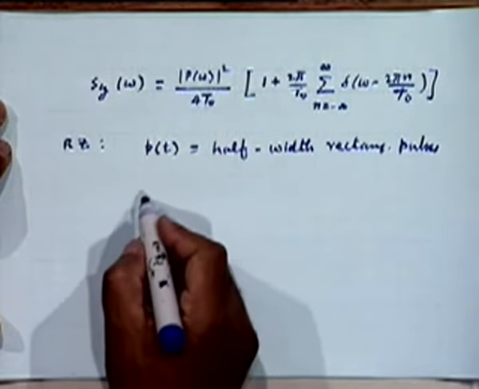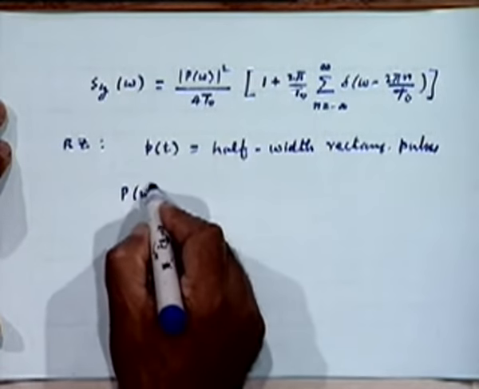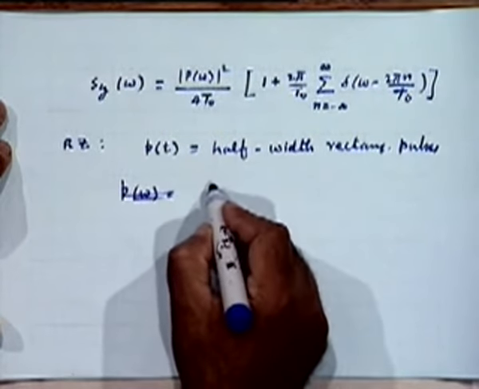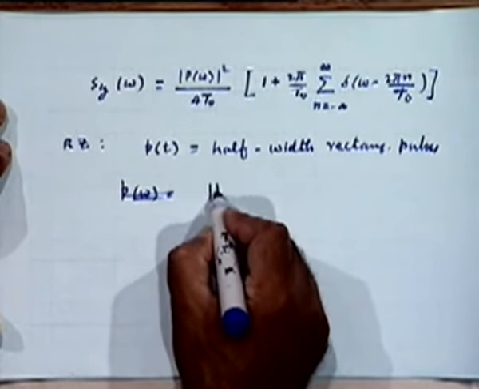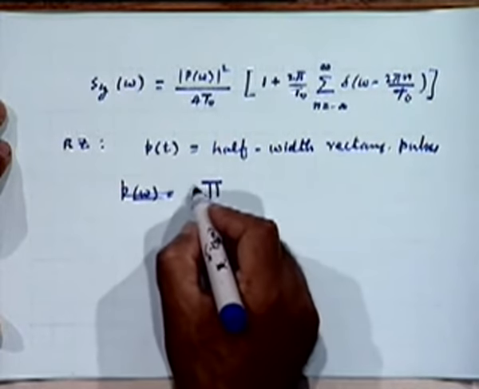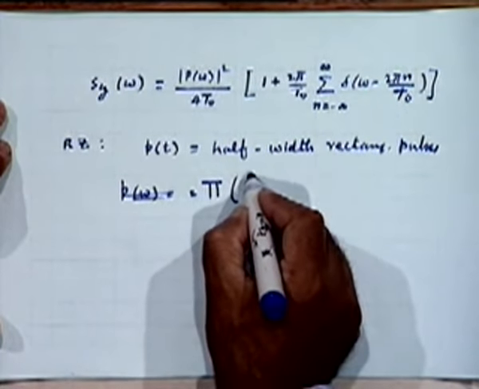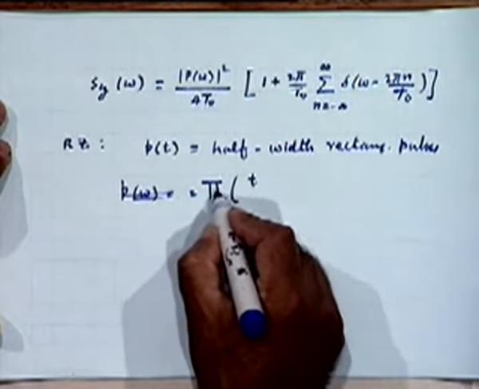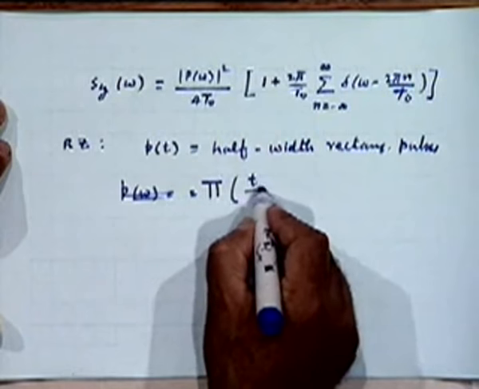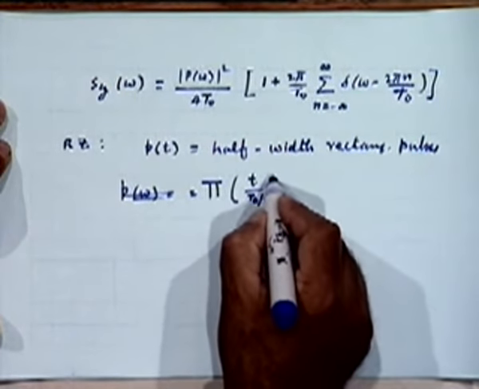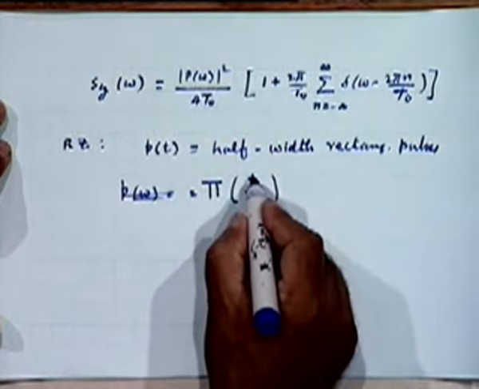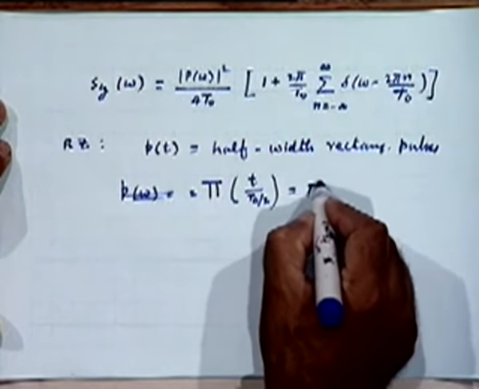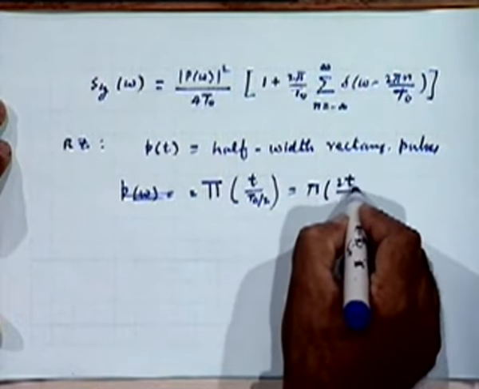Okay, so your P omega is going to be, let me specify Pt more precisely. We will denote it by pi. This is just a notation for a rectangular pulse of width T0 by 2. Generally, we write t upon tau. Sometimes we can also write 2t upon T0.